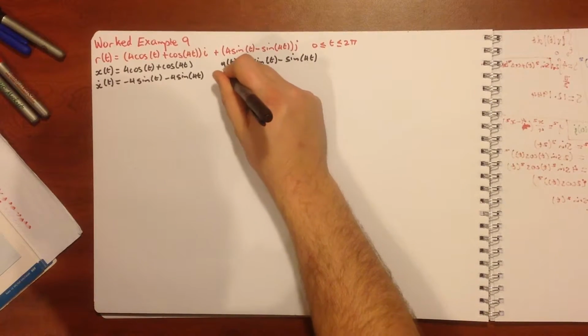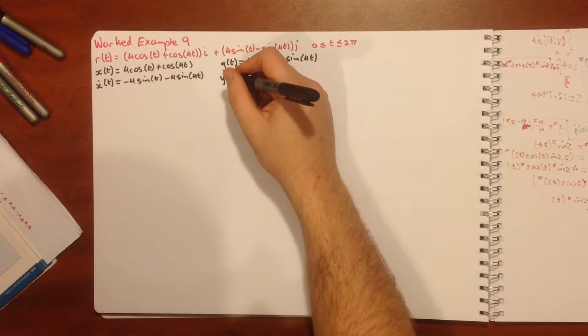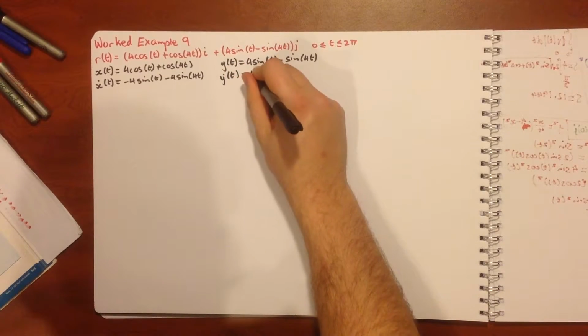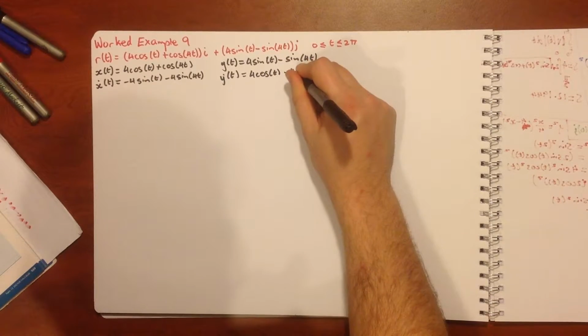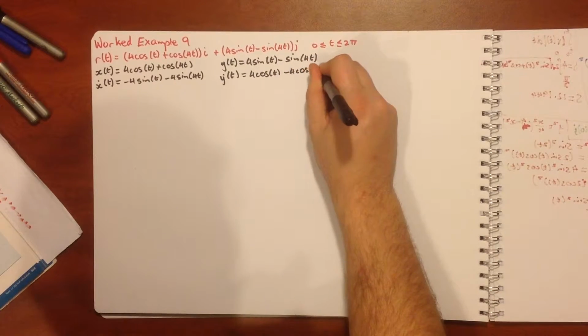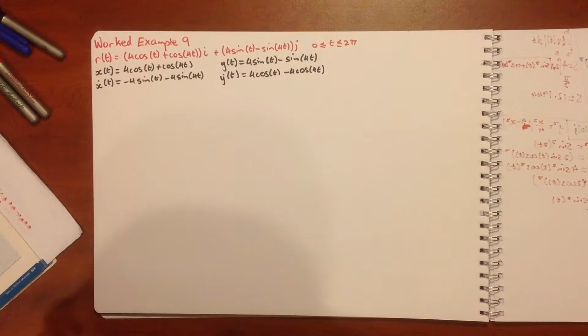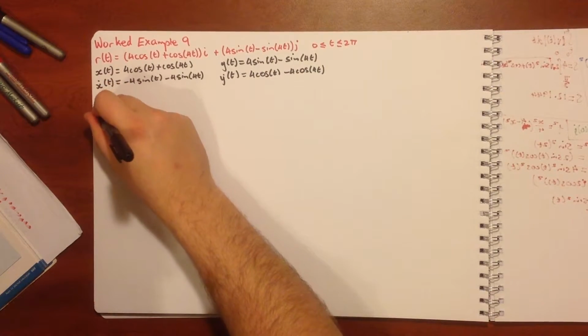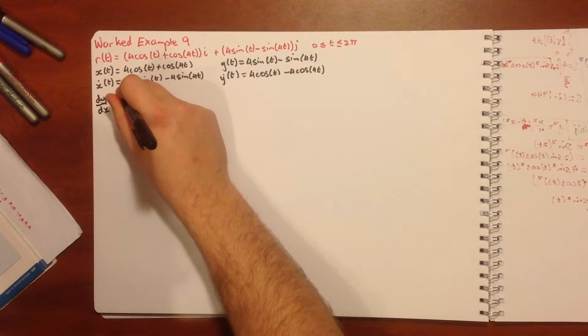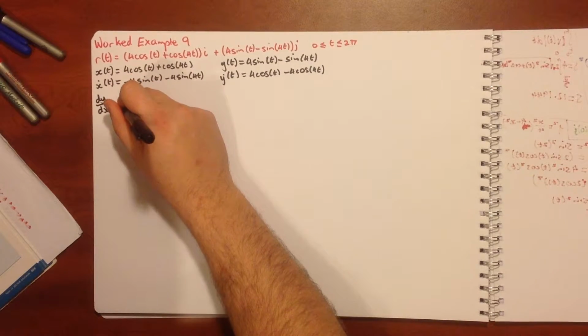So our y dot of t is going to equal 4 cos of t minus 4 cos of 4t. What we need to do is find our dy/dx, and through the chain rule we know that's y dot on x dot.